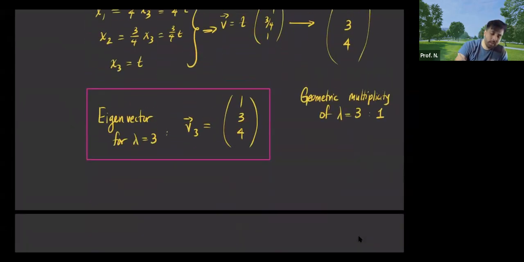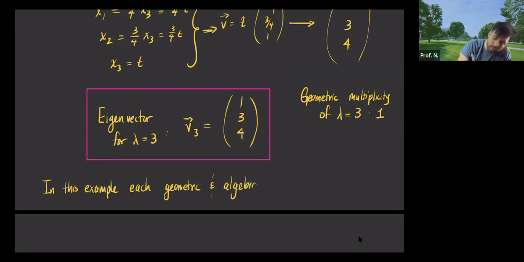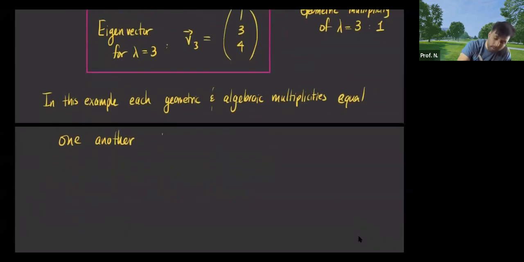So this is the case where, in this example, each geometric and algebraic multiplicity equal one another for each eigenvalue.